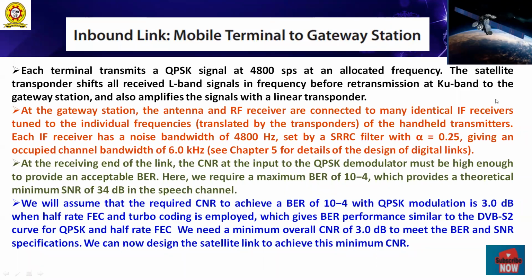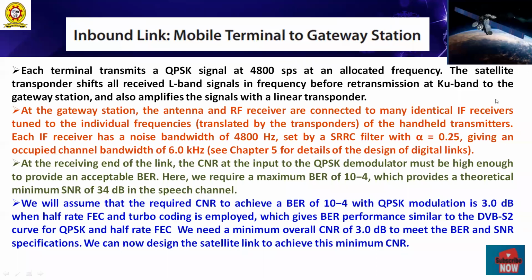But the key point here is that at the gateway station, the majority of IF receivers are tunable. Why? Because all IF receivers are tuned to a particular frequency, called an individual frequency, because the transponders are connected to these IF receivers. From where do the IF receivers get these frequencies?